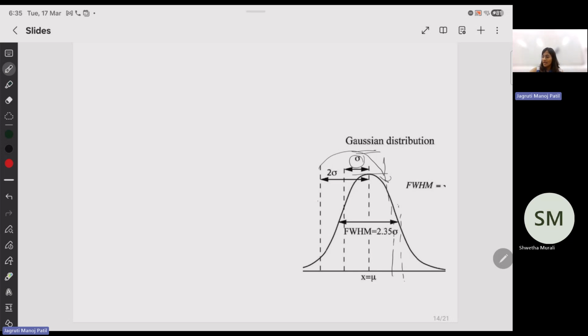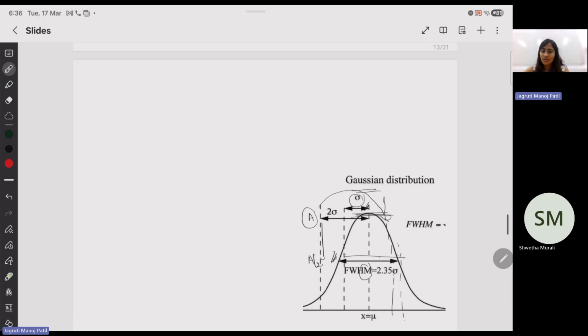At the maximum point, this is the half width, whereas when you take the half point, you come here. So this is the full width, whereas it is half maxima. We never write full width, full maxima; we always represent it as full width, half maxima.